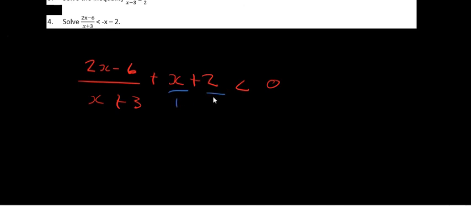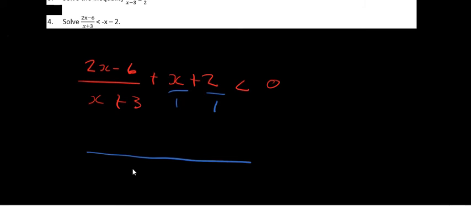So like I've said, you say 2x minus 6 over x plus 3. You take those to the other side, it will be plus x, and then it will also be plus 2 is less than 0. Okay, so from there you understand that this is over 1, this is also over 1, right?